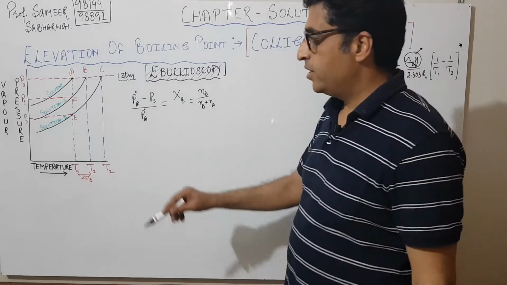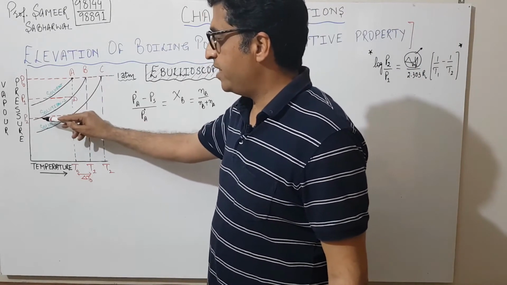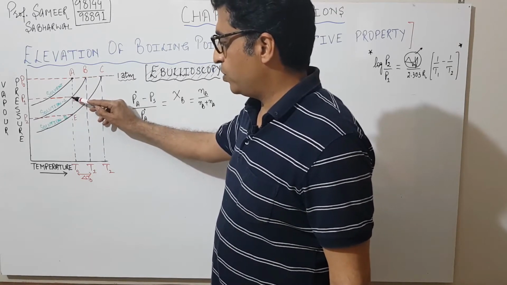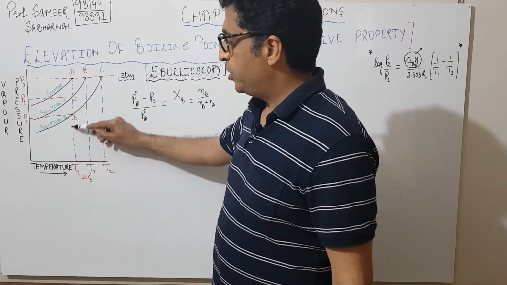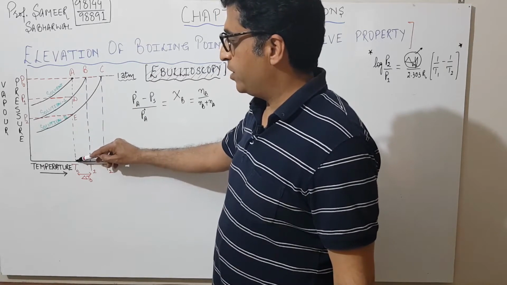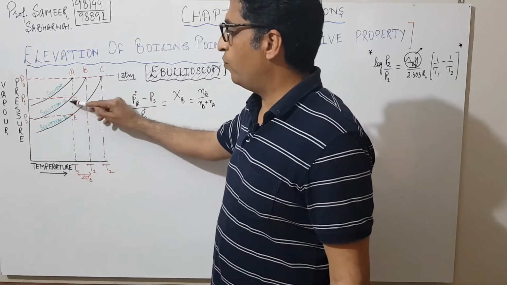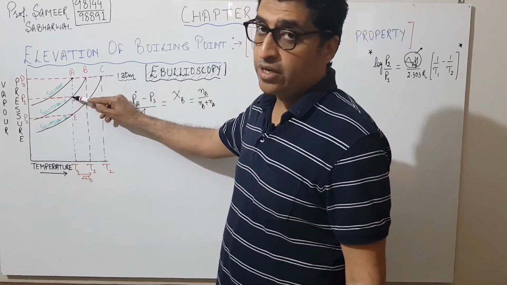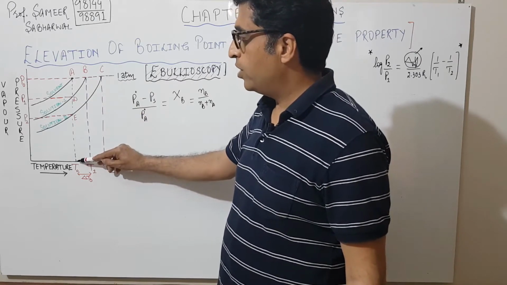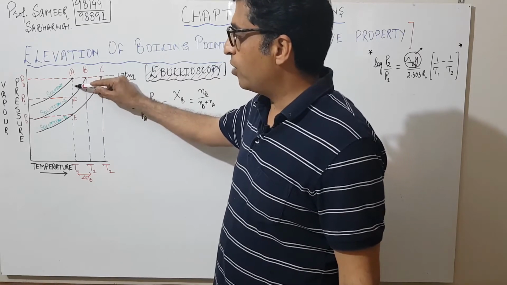So when we add a non-volatile solute to make a solution, there is a decrease in vapor pressure of that solvent. That is why I have shown this line here, and you can see that at any point, say I want to take T naught as the temperature, at T naught temperature, pure solvent has vapor pressure P naught, but solution 1 has vapor pressure P1 at a temperature T naught. So students, you can analyze this is lowering of vapor pressure.